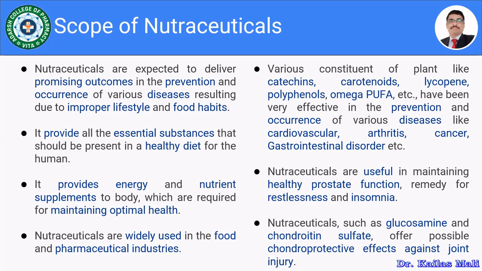Nutraceuticals such as glucosamine and chondroitin sulfate offer a possible chondroprotective effect against joint injury. So these are the points which need to be considered under the scope of nutraceuticals. Or simply, you can say this is the scope of nutraceuticals.